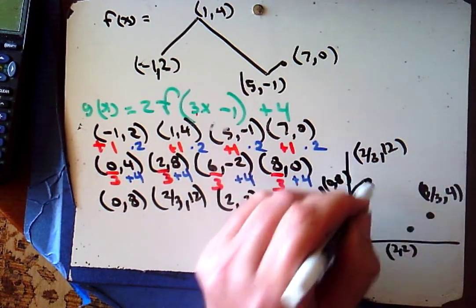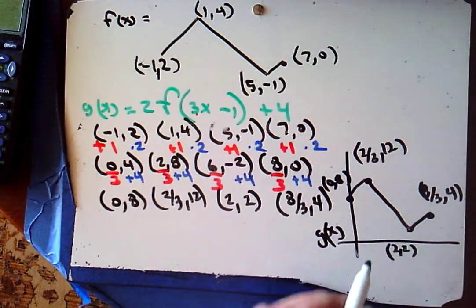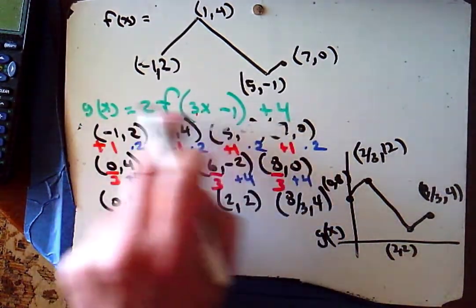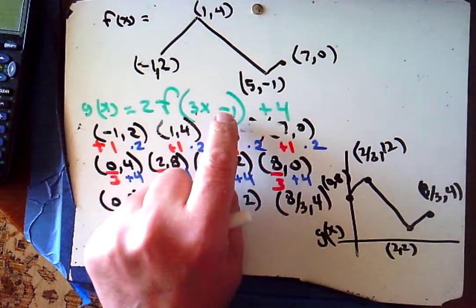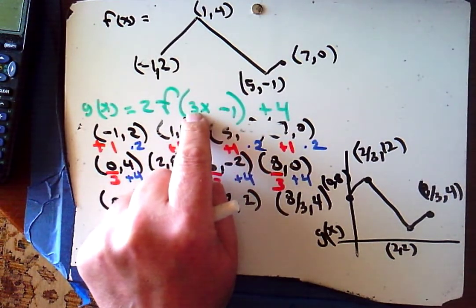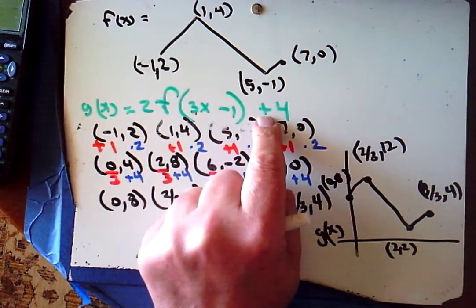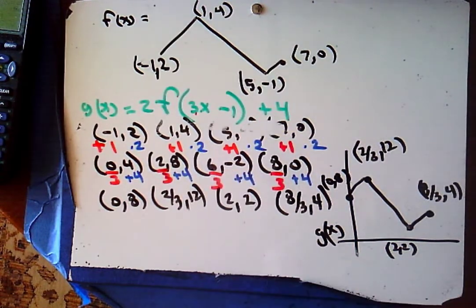All right, and then we connect the dots. And so this is a graph of g(x). g(x) is a transformed f(x). If I move f(x) right 1 and horizontally squish it by a factor of 3, if I vertically stretch it by a factor of 2 and shove the graph up 4 places, I get this picture.